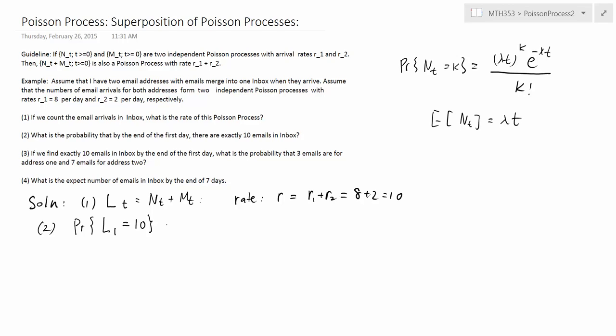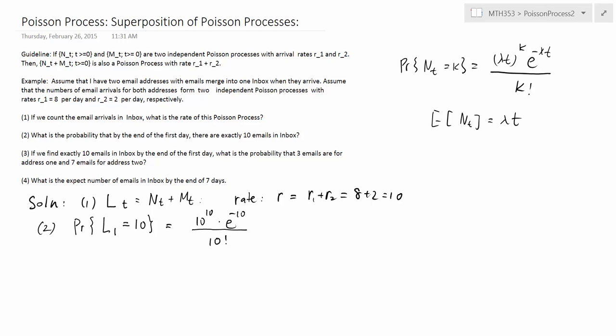So if we use that formula, then this is what we have. In this case, t is 1, lambda is 10, so we have 10 to the power 10, that's a big number, and then multiplied by e to the negative 10, that's a small number, and then divided by 10 factorial, which is again a bigger number.